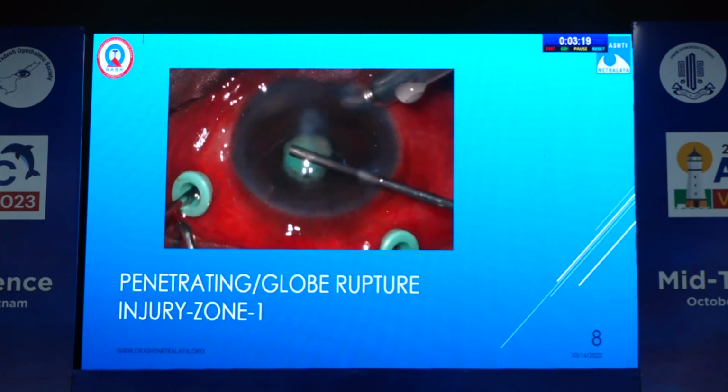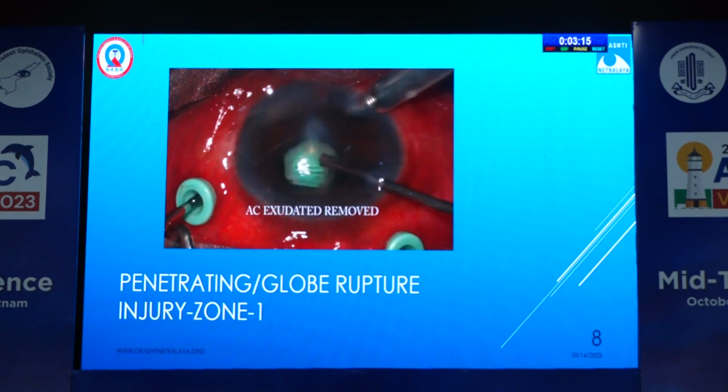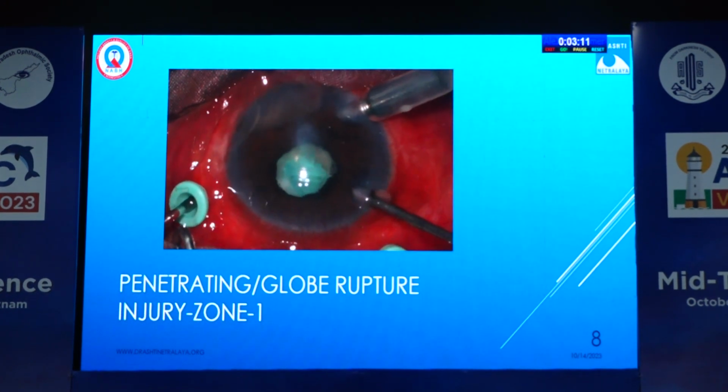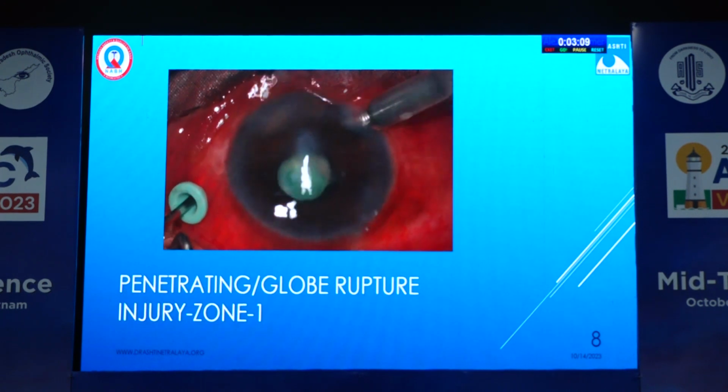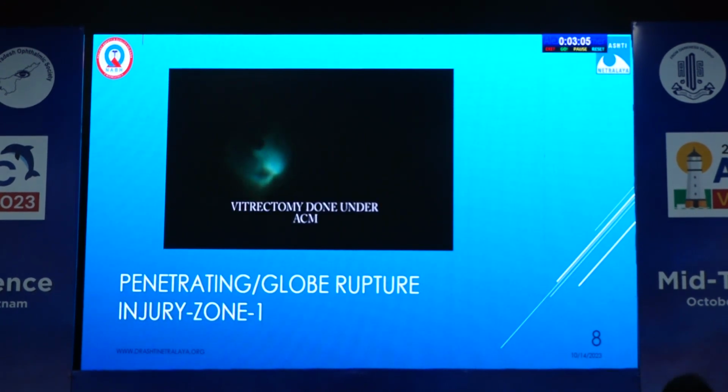This is again a patient where we had to remove the anterior segment membrane, then we could find the posterior segment inflammation. We have done a full vitrectomy, and the patient regained a good visual outcome.